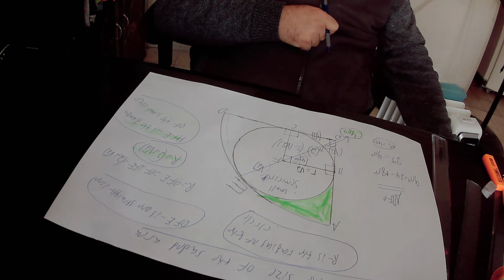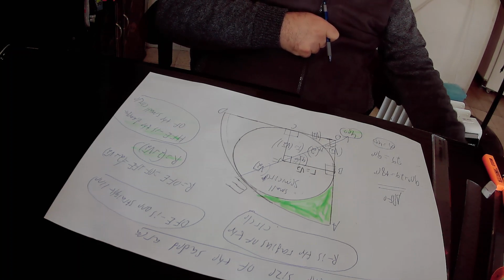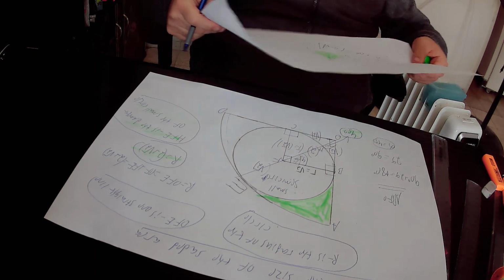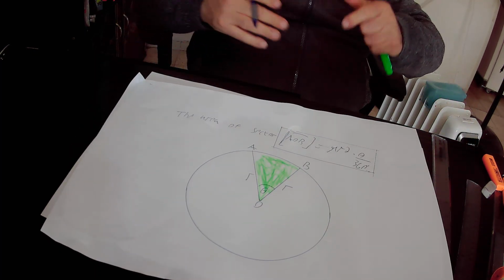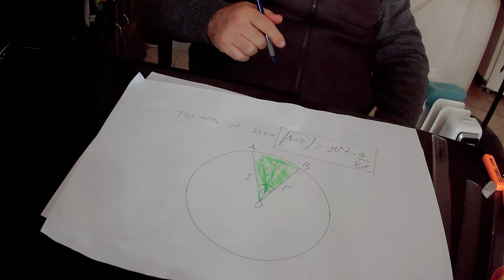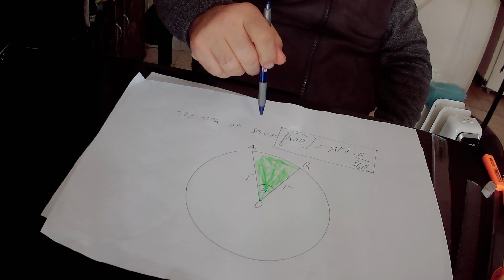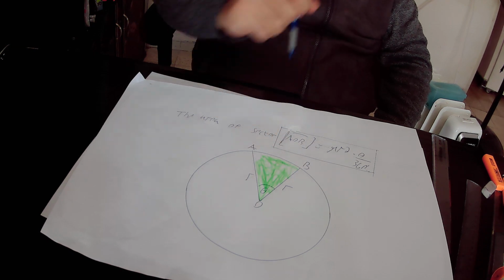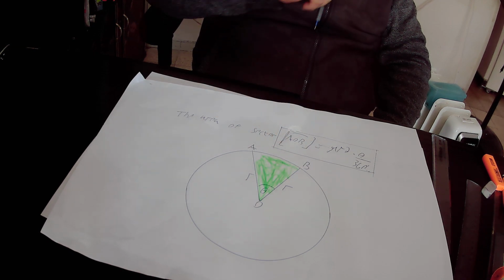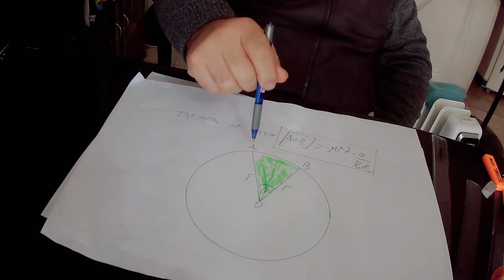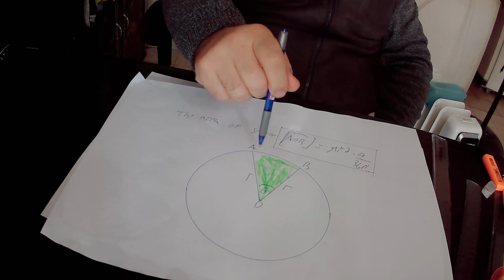So in the next step, I will present to you the notion of a sector. What is a sector? A sector is part of a circle. This is a circle, and the green shape AOB is a sector. If you look at this circle as a cake, then this sector is one slice of this cake.